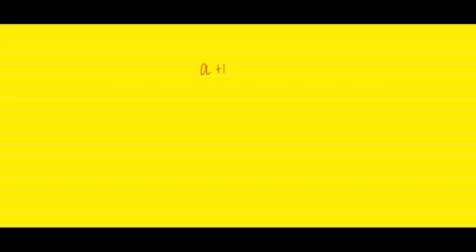(a plus 1) whole square minus a square. Now just resolve it into factors. We can see this is a difference of squares. So simply we are going to do (a plus 1 minus a) into (a plus 1 plus a).